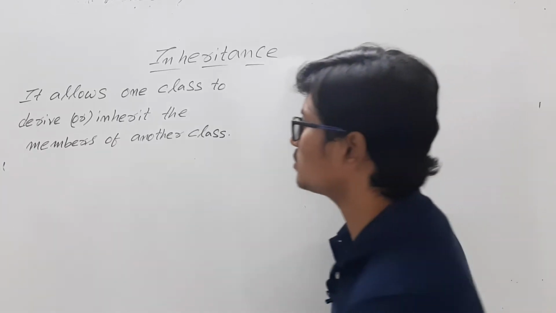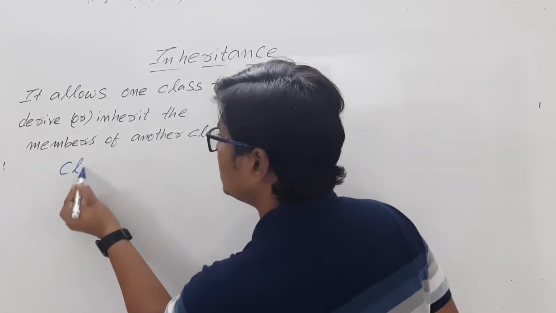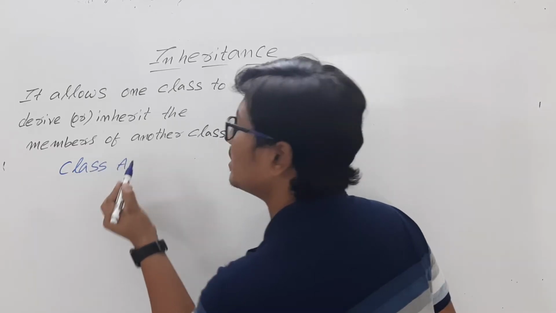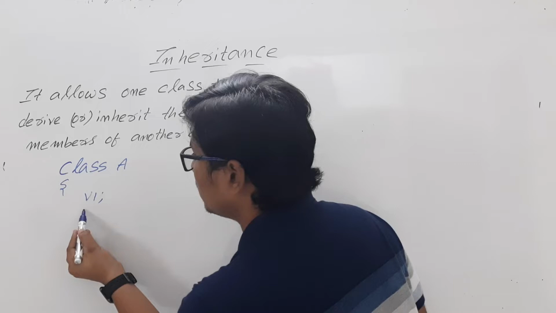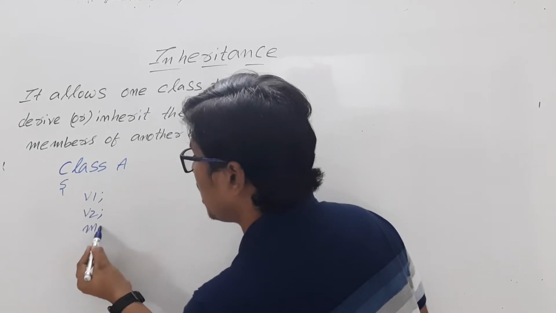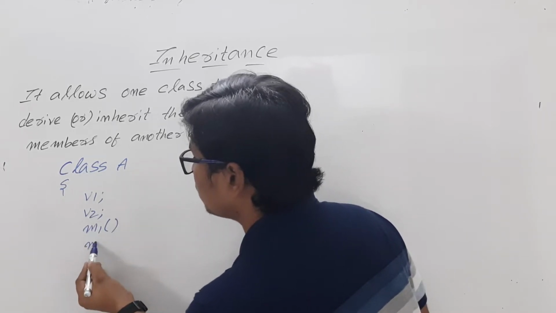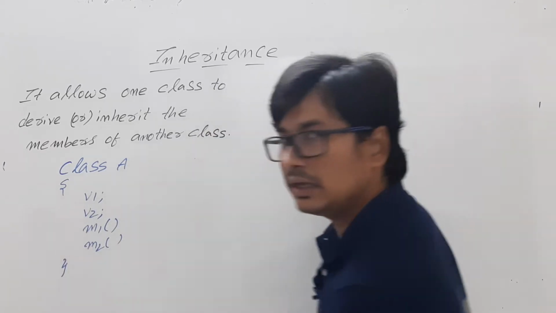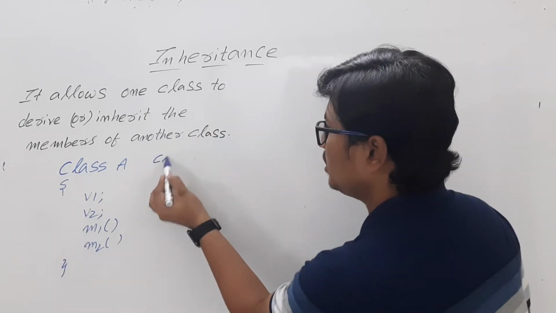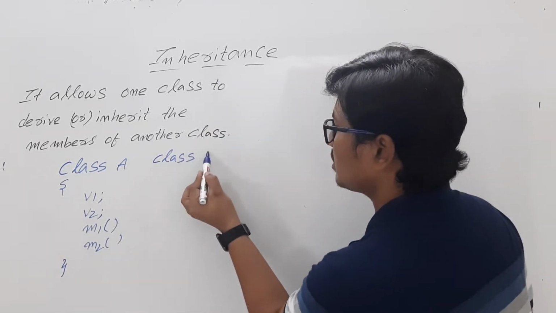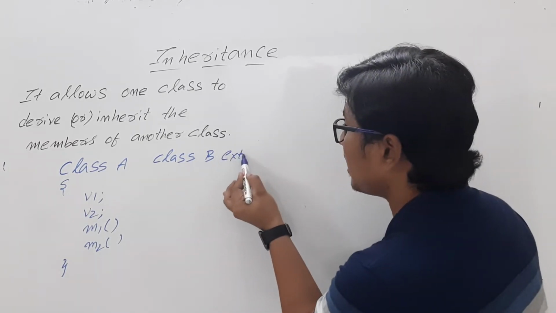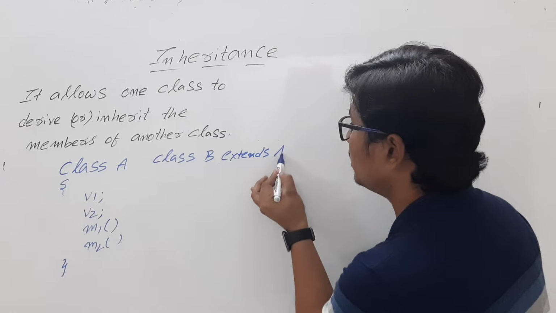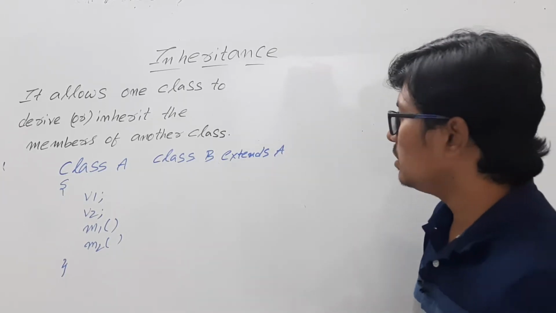Now let me discuss with a simple example. Let's take that you have a class A. Inside the class A, you have variable 1, variable 2, method 1 and method 2. If you define another class called B, extends is the keyword to use inheritance.